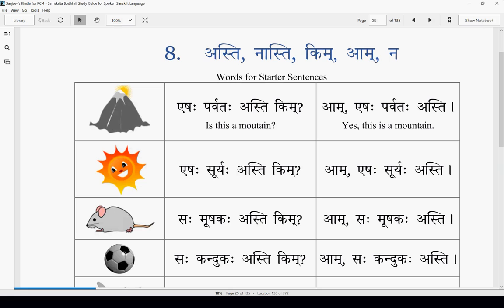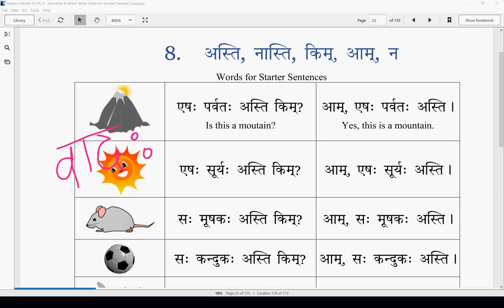So note that Dhanyavadaha was one of the greetings. Dhanyavadaha, what is the gender? Pullingam. Dhanyavadaha. So like Balakaha, Parvataha, Vadaha, Dhanyavadaha, generally it follows this pattern.